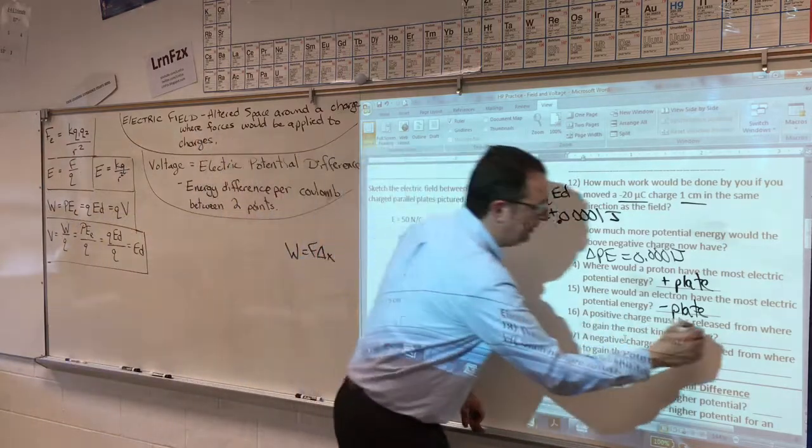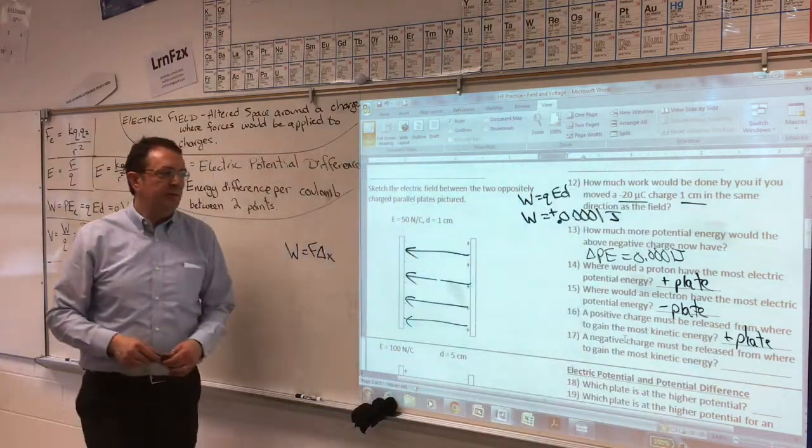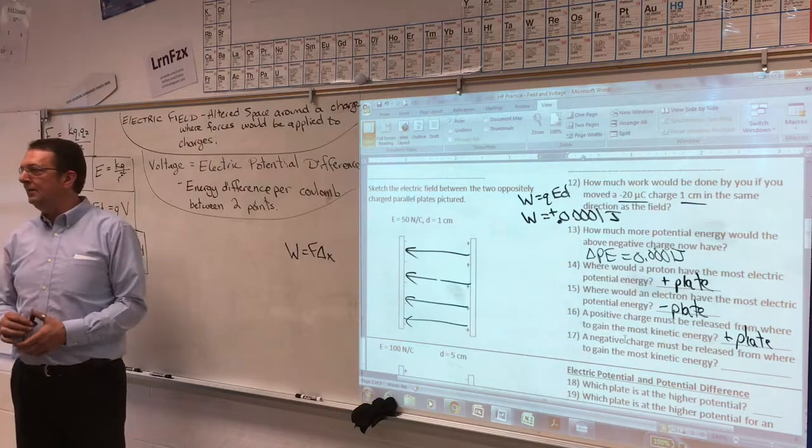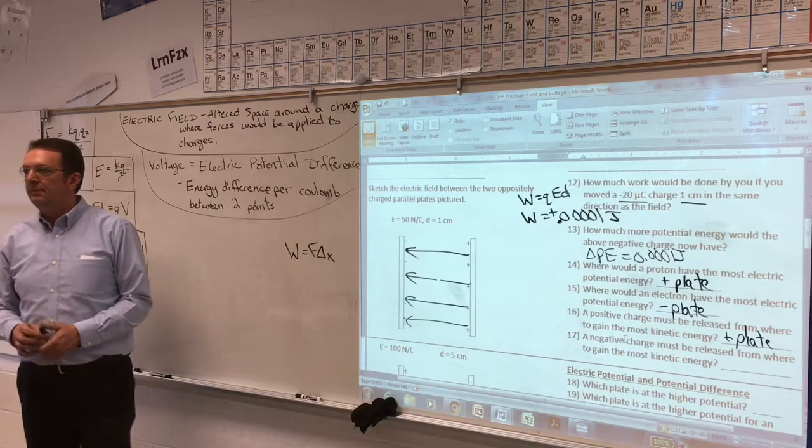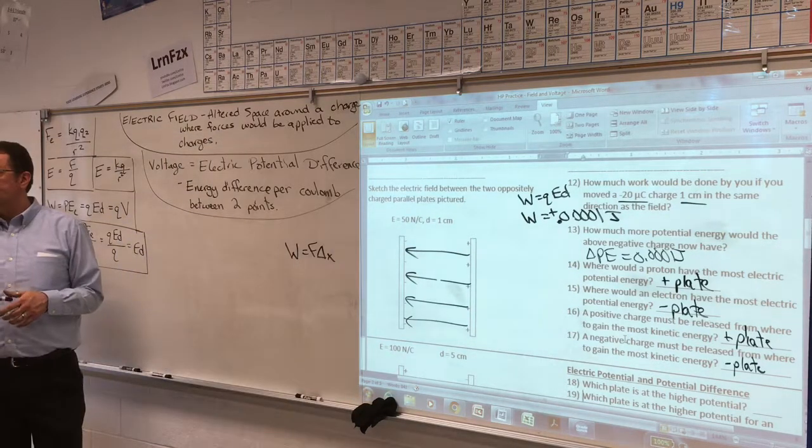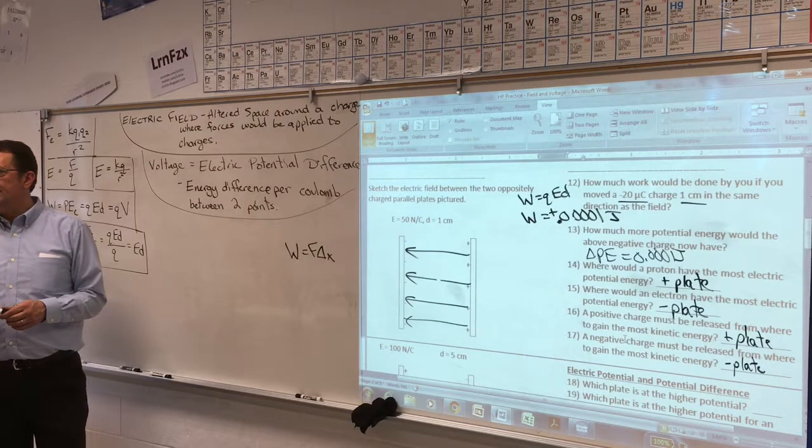Right side, positive plate. And a negative charge must be released from where to gain the most kinetic energy? Sean? Negative plate. Don't they need more potential energy and more... thinking of work?